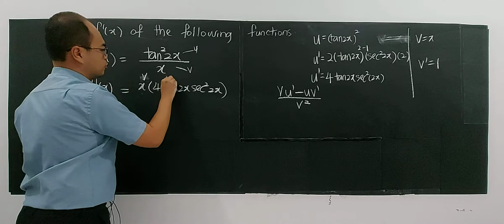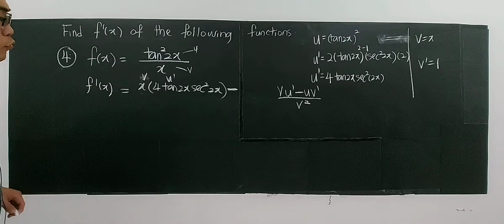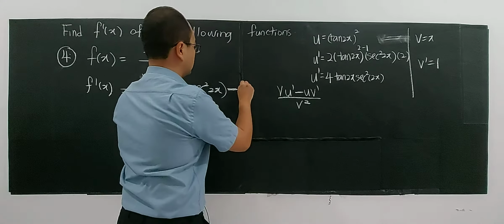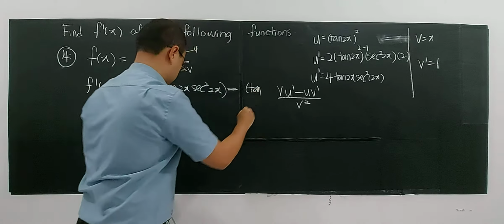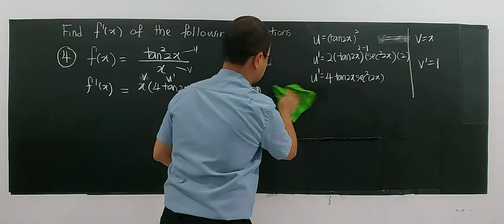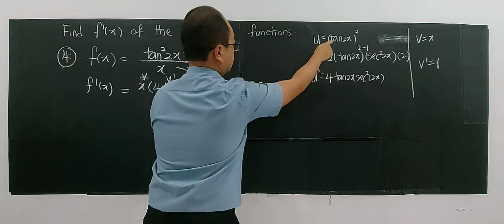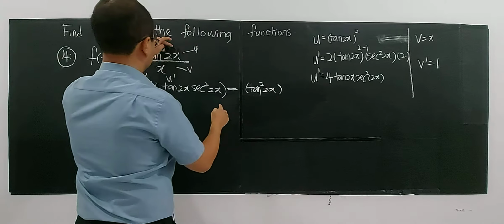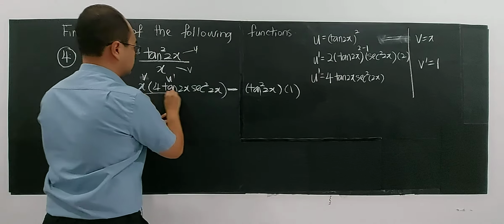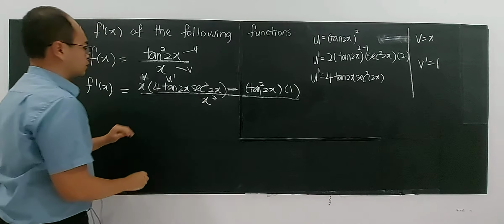V u prime minus with u v prime, right? So your u will be tangent square 2x, right? Your u v prime, so we have 1, right? So everything divided by x square, v square.